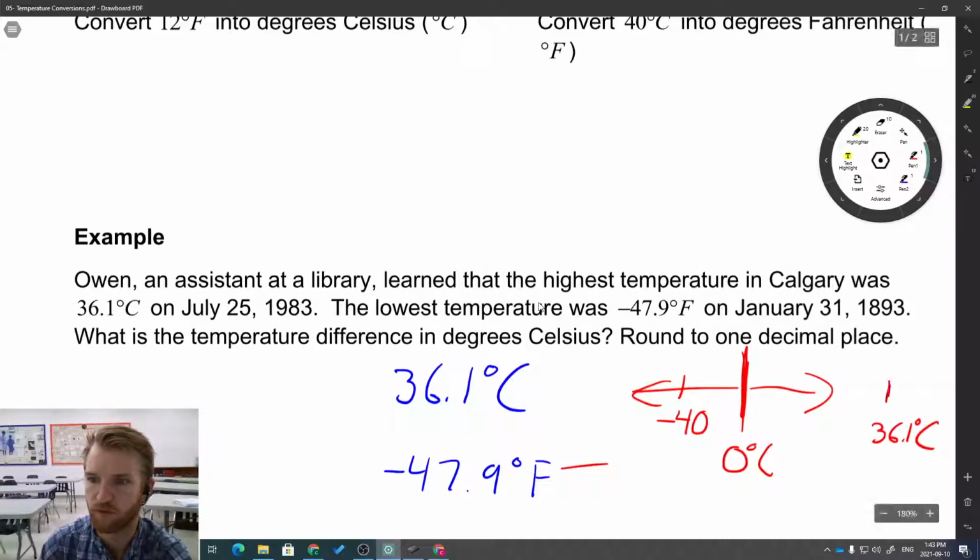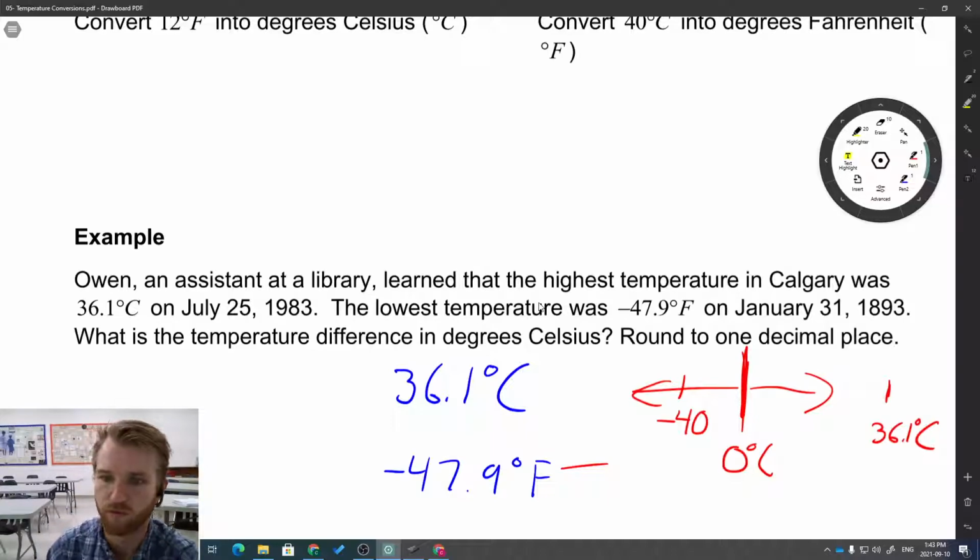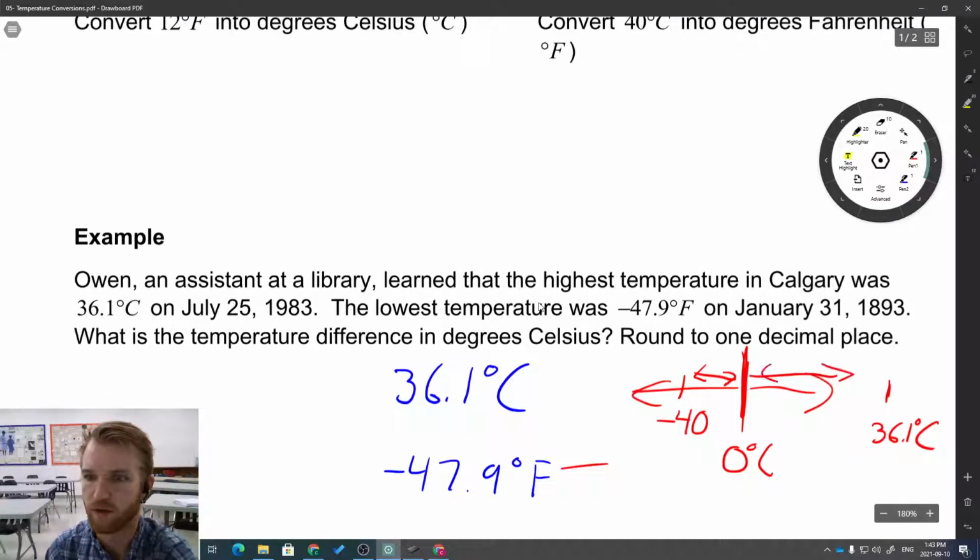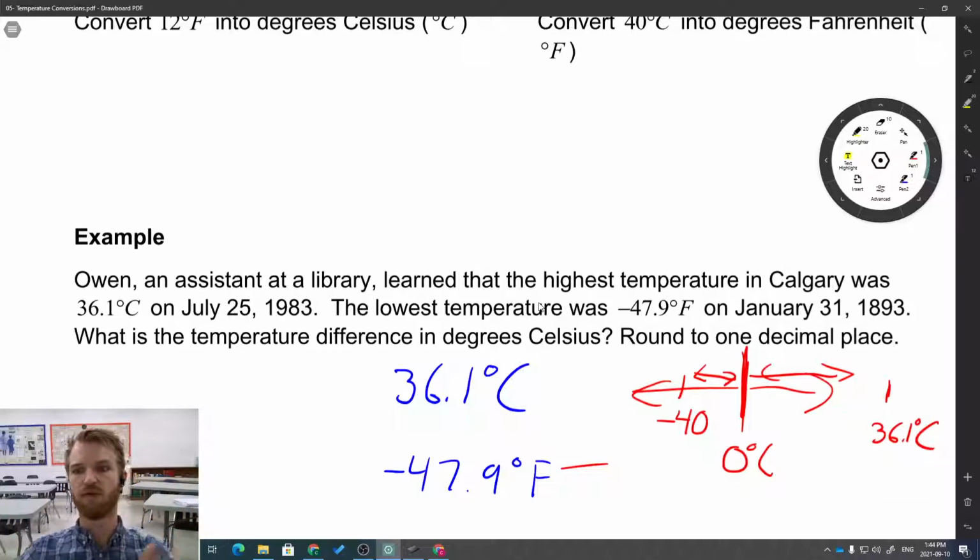This one's all the way out here. To find how much space is between those two, we would say there's 40 degrees between here and 0, and then between 0 and 36.1, there's 36.1. So to find the total difference, you're adding those two numbers together, 40 plus 36.1. If these were your actual numbers, your answer would be 76.1 is how much space is between them.